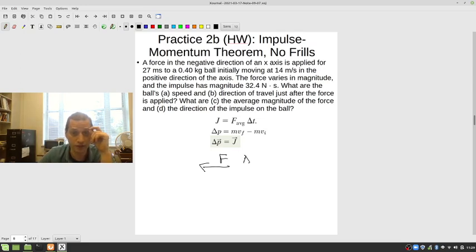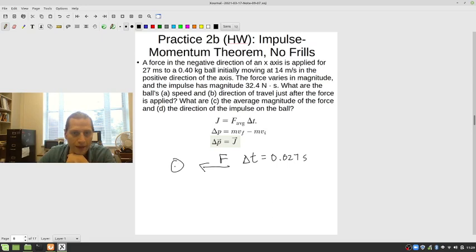So the delta T is going to be 27 milliseconds. Let me just write that in terms of seconds so we don't have to convert units later: 0.027 seconds. And it's applied to a 0.4 kilogram ball.